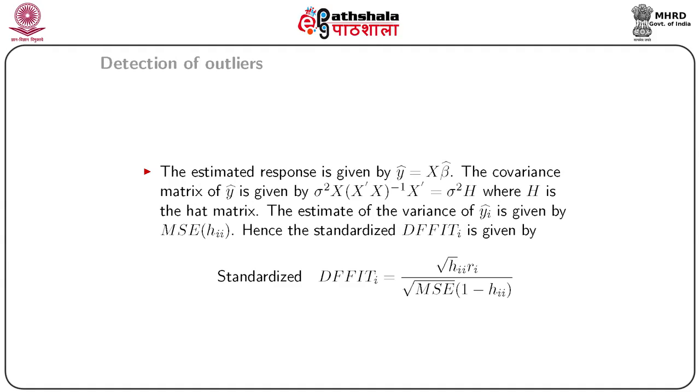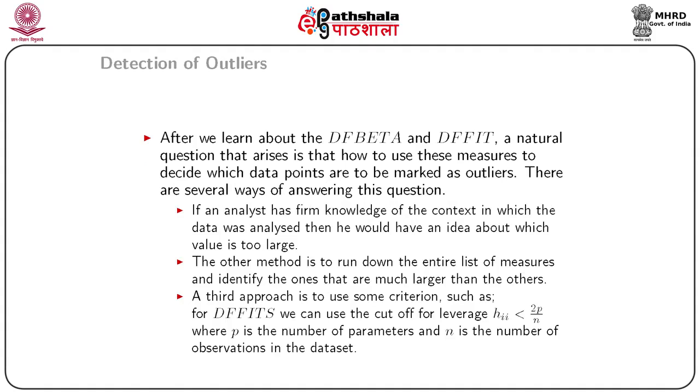The estimate of the variance of y_i hat is given by MSE times h_ii. Hence, the standardized DFFITS is written as the square root of h_ii times r_i divided by the square root of MSE times 1 minus h_ii.